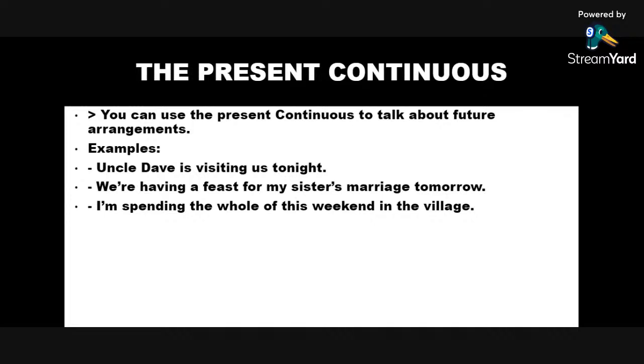There's an arrangement about that. We are having a feast for my sister's marriage tomorrow. It's something already arranged. There are arrangements towards that. I am spending the whole of this weekend in the village. Something that is arranged. You can talk about future arrangements using the present continuous tense.